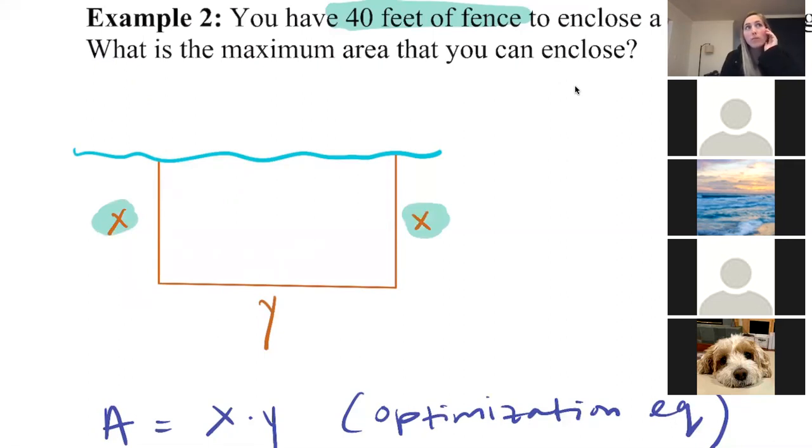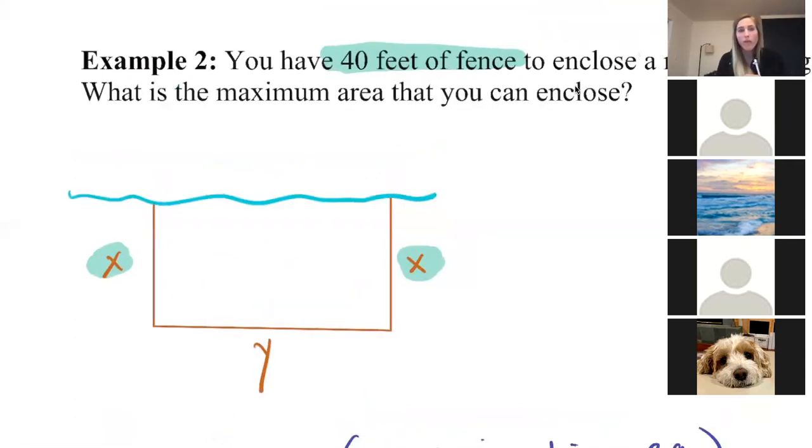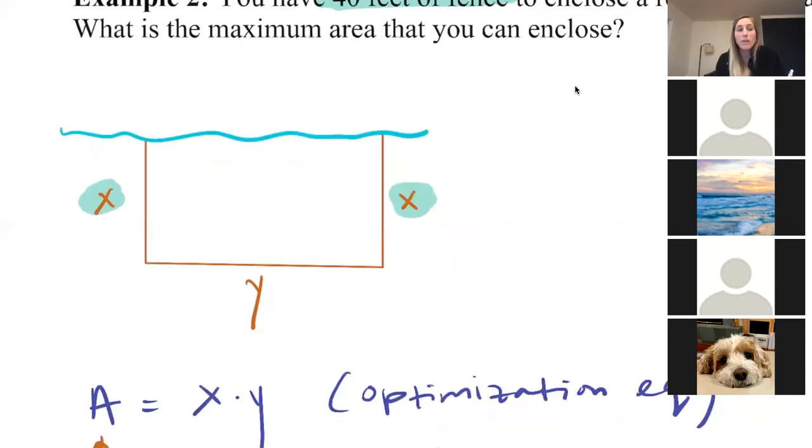Well, first of all, if x were 0, you wouldn't have an enclosed rectangle. So the area would be 0, but you could technically have area if x were equal to a fraction of a foot. It would be a weird looking fenced in area, but you would technically have area. So we can say that the smallest x can be is 0.